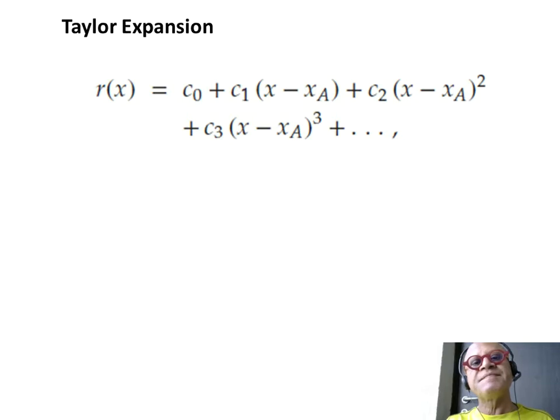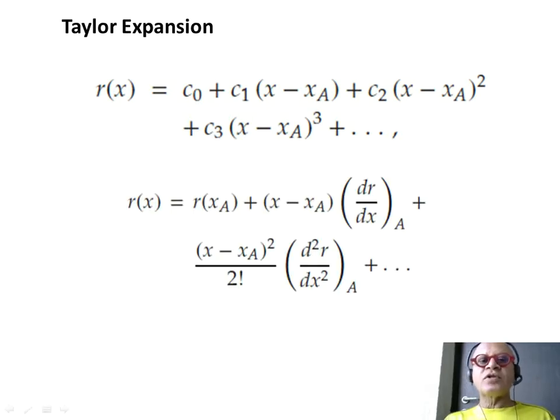The other basic concept we will need is called Taylor expansion. A quantity R(x) can be expressed as a constant, R(xA), plus c1 (x minus xA), plus c2 (x minus xA) squared, and so on. What does that mean?